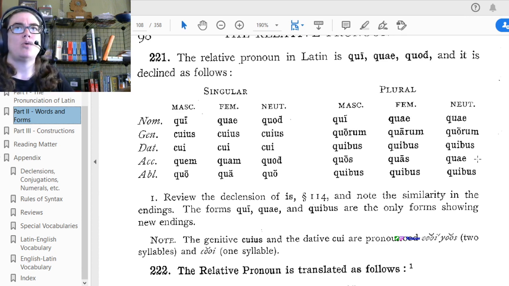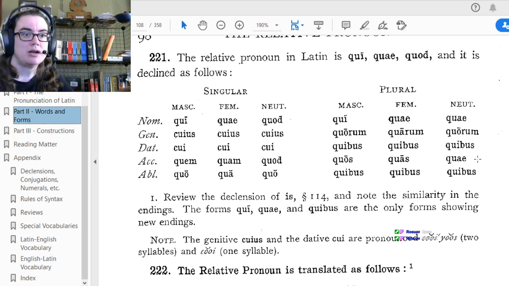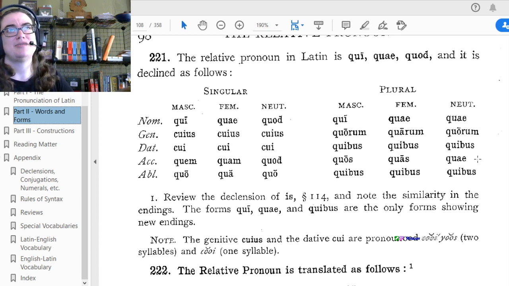Qui, quae, quod. So qui looks the same in the singular and plural, so that's fun. It's not quus, Q-U-U-S, which would be nice, but it's not. Sorry, it's really irregular. Quod in the neuter, so it's kind of like some of the irregular adjectives that we learned.